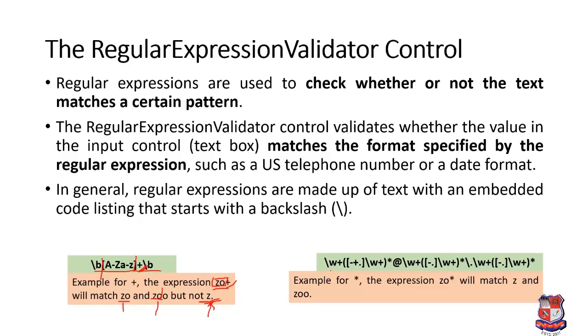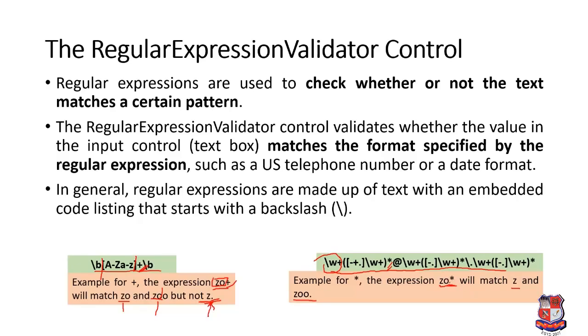Over here we have a second regular expression. This regular expression is for email address validation. Over here \w defines a word character, and the star sign is a star quantifier. It matches the previous character or sub expression zero or more times. For example, the expression zo* will match z and zoo both. Why?